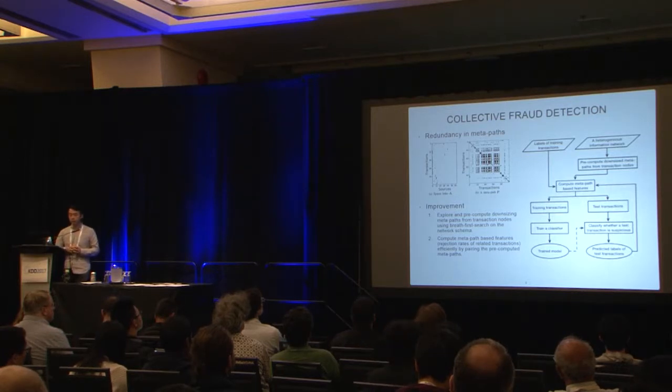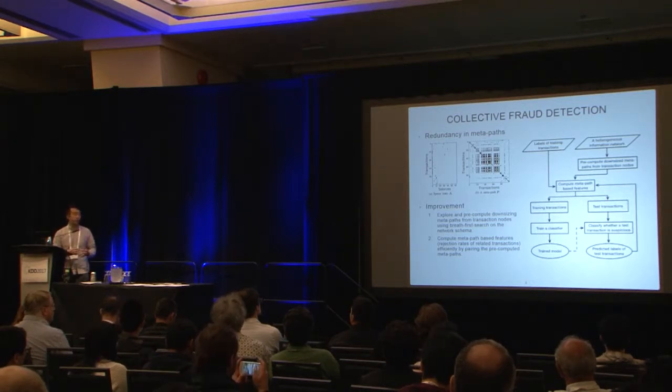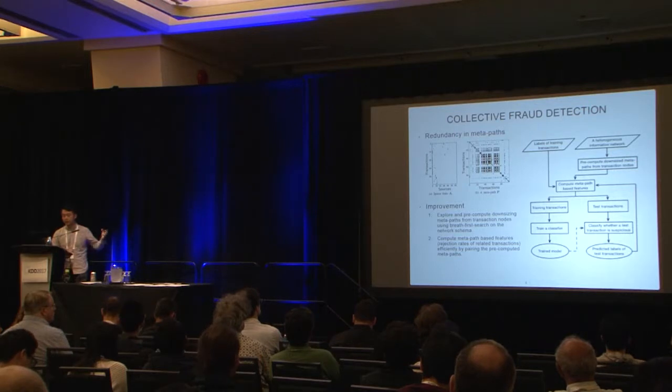For example, if we want to see whether two transactions come from the same IP address, we multiply the adjacency matrix of transaction to IP address and the transpose of this matrix together to get the similarity between the two transactions. In this case, you can see there are several dense blocks in the right figure. That's not desirable in our algorithms.